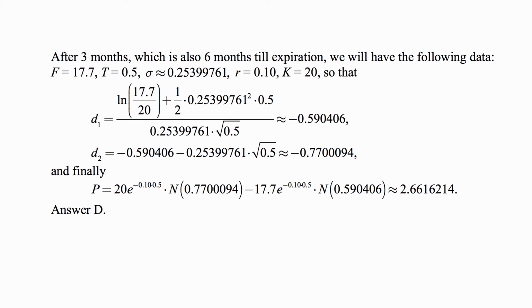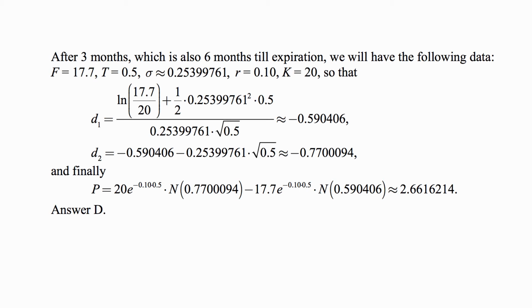And the put price is 20 e to the minus 0.10 times 0.5, so really e to the minus 0.05, times the cumulative distribution function evaluated at minus d2, which is 0.770094, minus 17.7 times e to the minus 0.10 times 0.5, which is 0.05, times N of minus d1, which will be 0.90406.